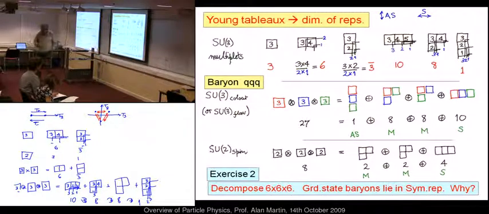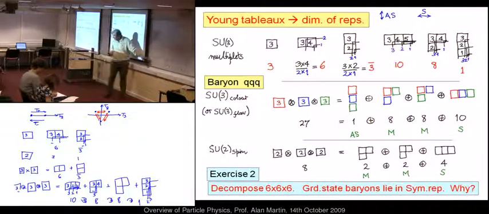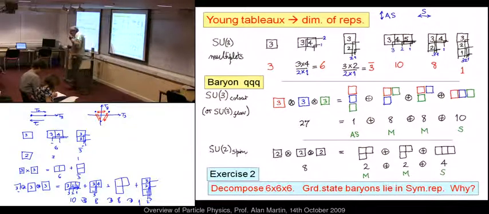Yes? Explain Hook's rule, because I cannot understand that in the books. So the question is, will I explain this? Right. Okay. Let's be specific. I am taking a system made of 3 triplets, like a baryon made of 3 quarks.